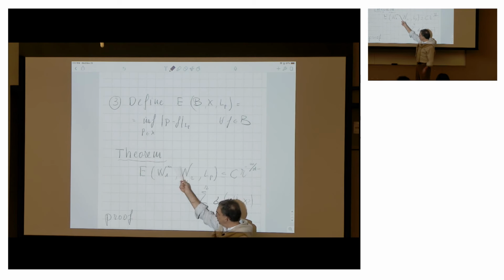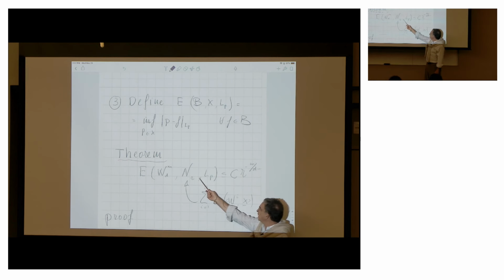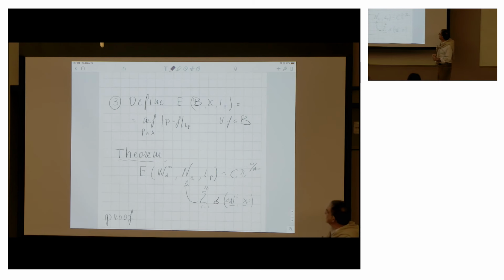As I said, M could be 1, in which case essentially I don't assume anything about smoothness, just continuity. Then this is bounded by a constant, and this term R is the number of units to the minus M over D minus 1.